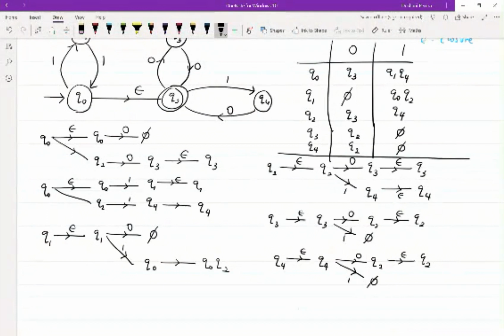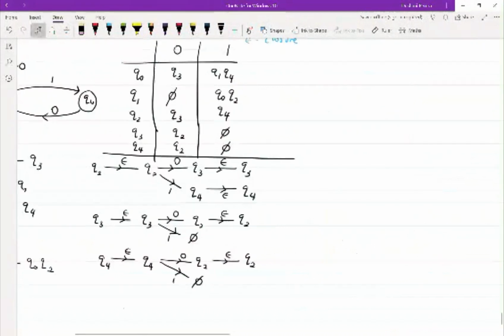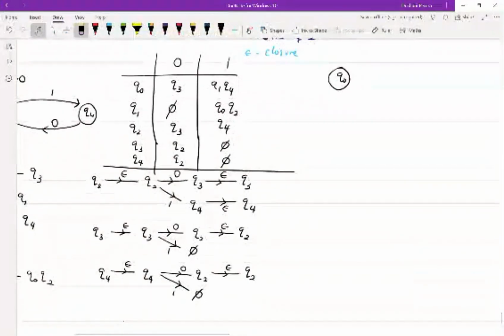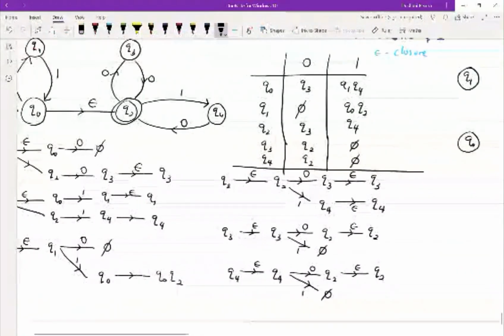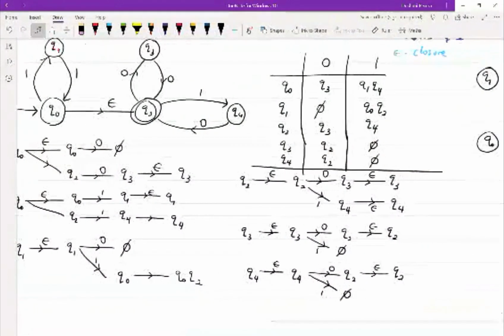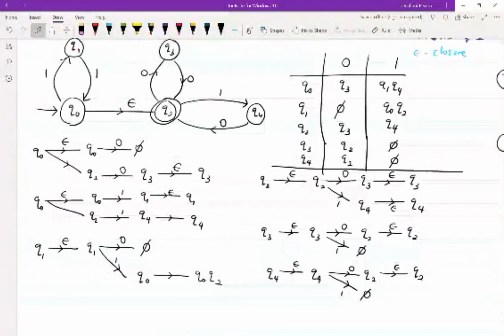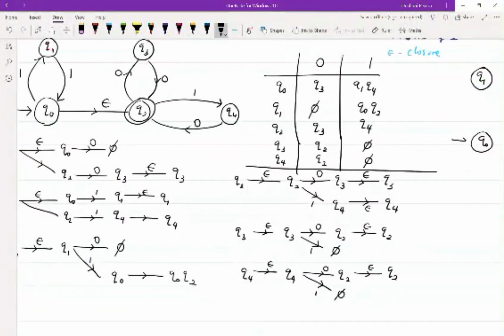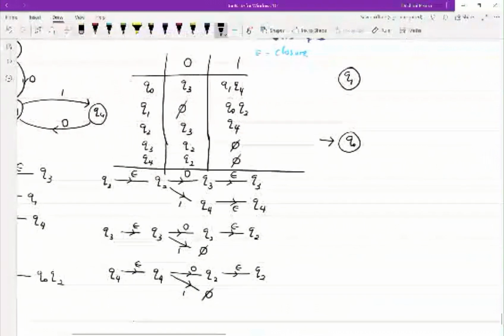Now by looking at this table, I can draw my NFA. So in the NFA, what do I do? I just put the states like in the epsilon NFA. There's no difference in the states that I put. I have Q1, I have Q0. Who's going to be final and initial here? The initial state in the previous one was Q0, and Q2 was the final state.